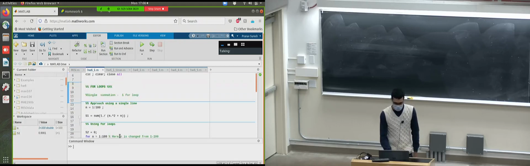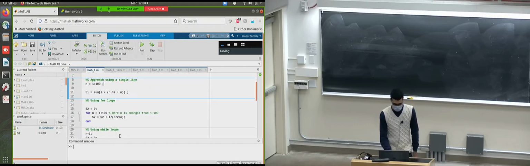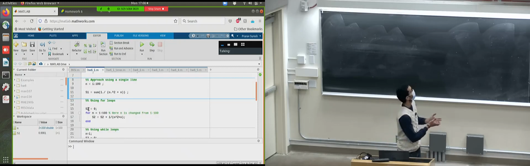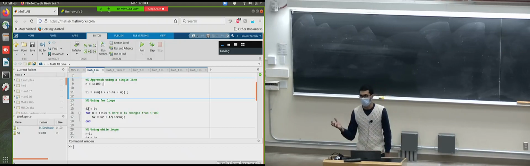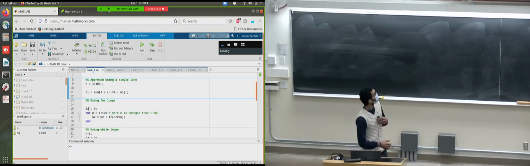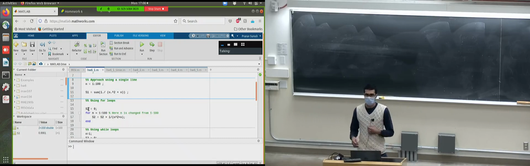So you can do the same thing with a for loop. All you have to do is use a temporary variable S2, right? In this case, I'm setting it initially to 0. And then I'm using a for loop to get the value of S2 iteratively, and I'm updating the value of S2 as n is varying from 1 to 100.